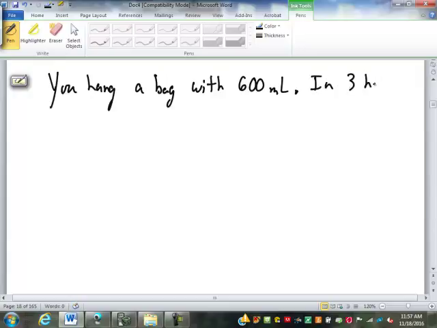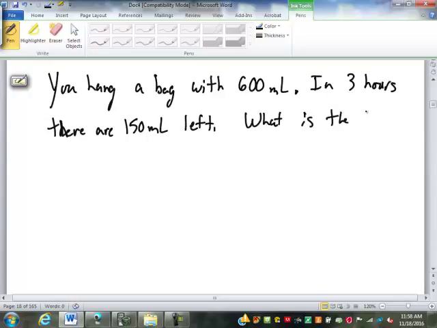In 3 hours, there are 150 milliliters left. What is the flow rate?